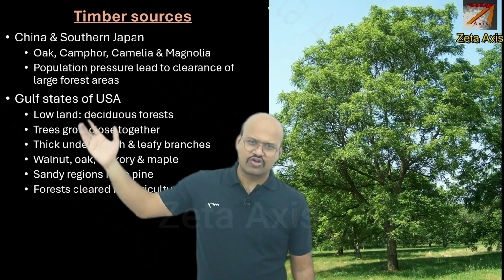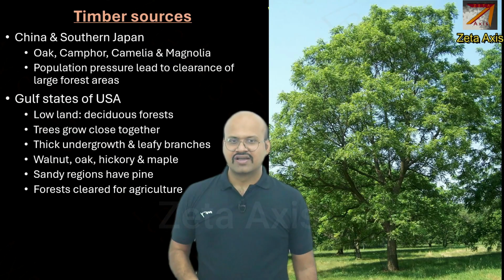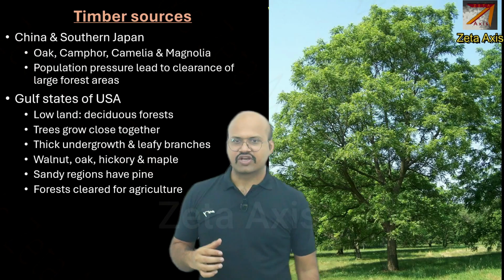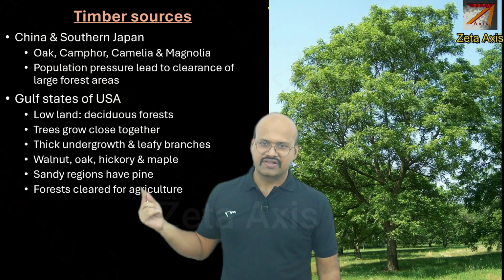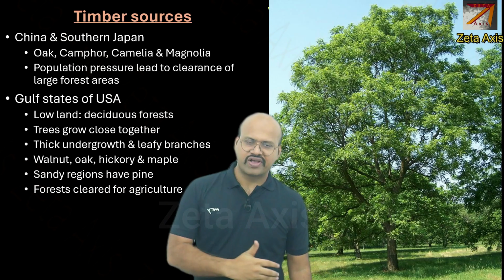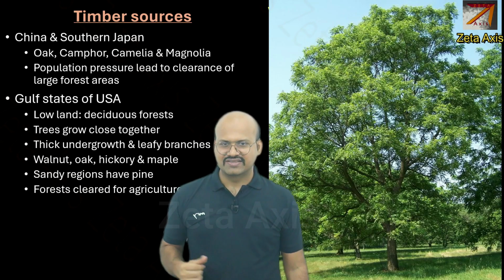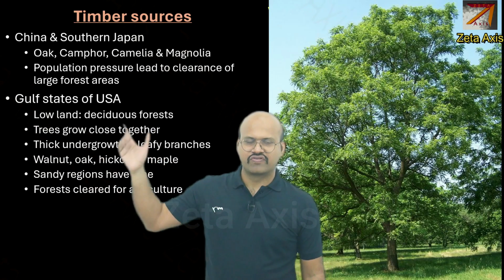So these are very close to an evergreen type of environment where you will see luxuriant trees with a large amount of foliage, growing close together. The examples are walnut, oak, hickory, maple. When we go westwards in the Gulf type, there will be sandy regions and they will have pine. Forests are cleared for agriculture over here too.